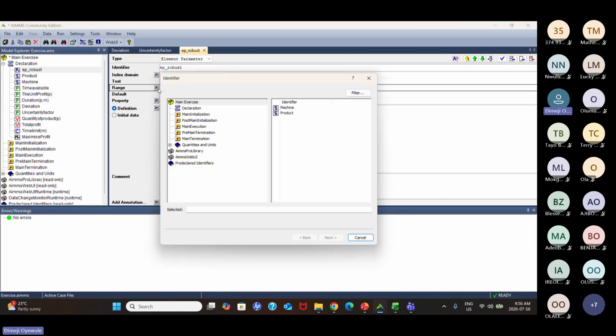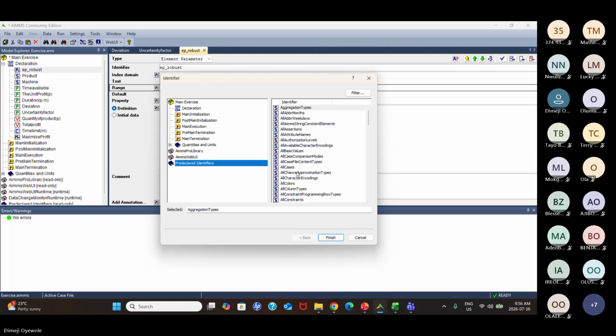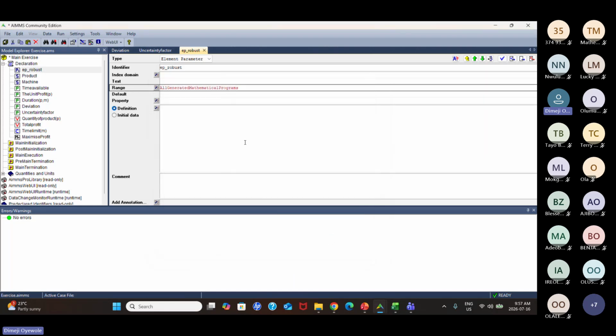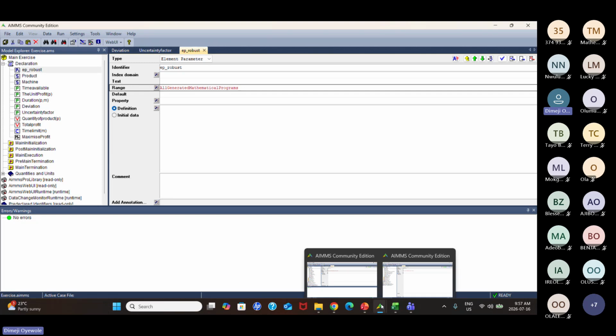You go to range, you go to predicted identifiers, and then you scroll down, all generated mathematical programs, then you put finish.